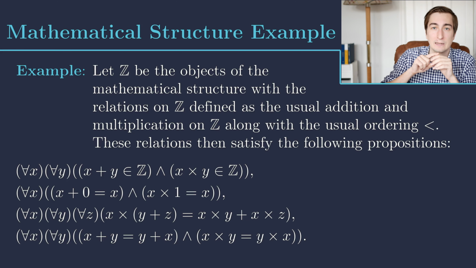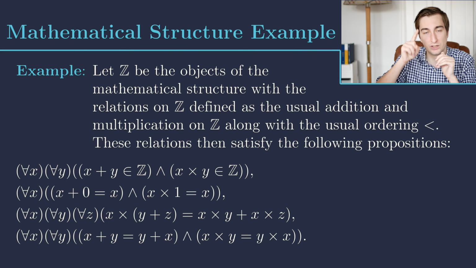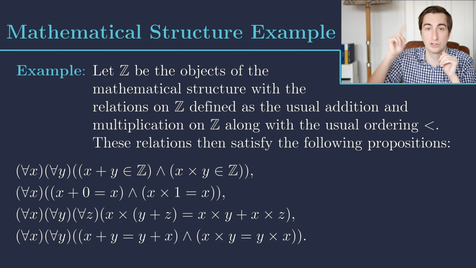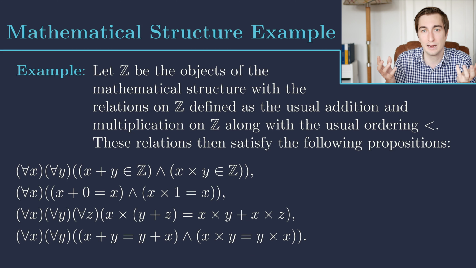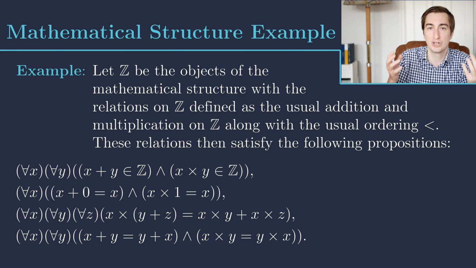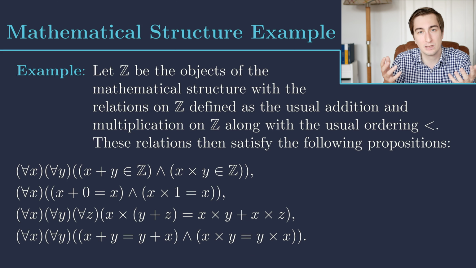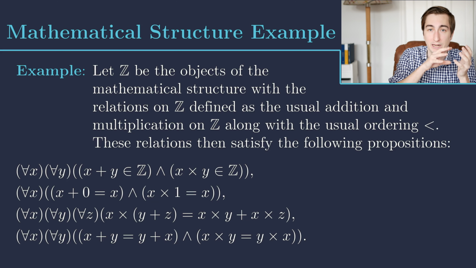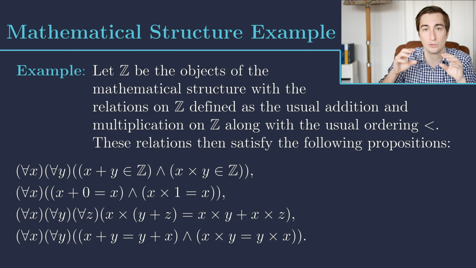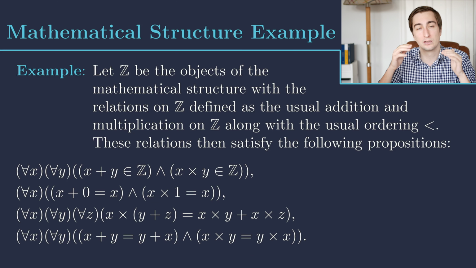But I am going to say that I want to have an addition, multiplication, and ordering such that they satisfy these conditions here, where I replace Z, my domain of discourse, with just a general set. And that's how we start doing maths, because we don't care about the actual objects themselves as much. Those are not so important. It's just the structure, or the relations and the axioms that we have on those relations.